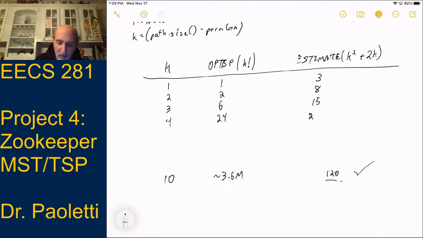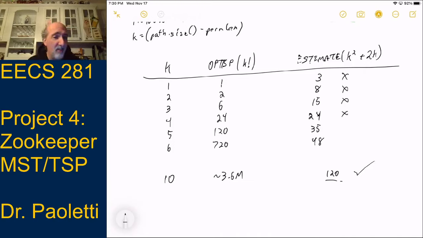So is this. So I could do 24 work to either not do 24 or do another 24. So this looks like a no, a no, a no, a no. How about 5? This would be 120. This would be 35. 6 would be 720 and 48. These are starting to look like wins.